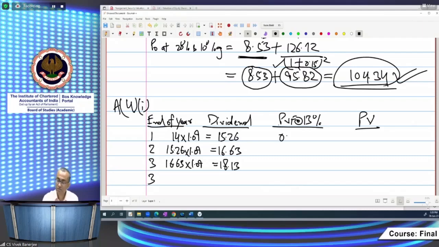It is 0.885 for first year, 0.783 for second year, and 0.693 for third year. So let us multiply this discount factor, present value factor, with the dividend.